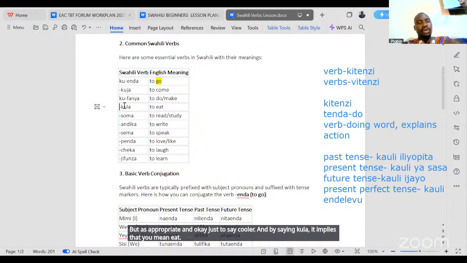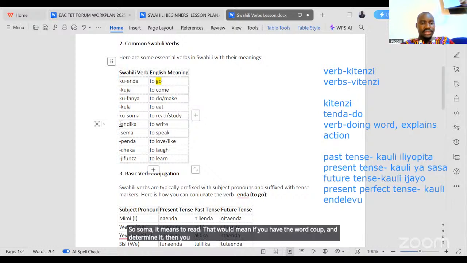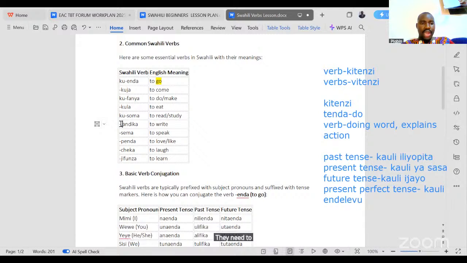But in soma, we add ku to get kusoma, because soma means read. When you say kusoma, it means to read or to study. Andika means write, and if you add ku before it, it becomes kuandika, which means to write.